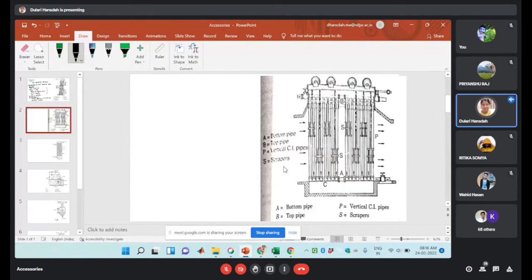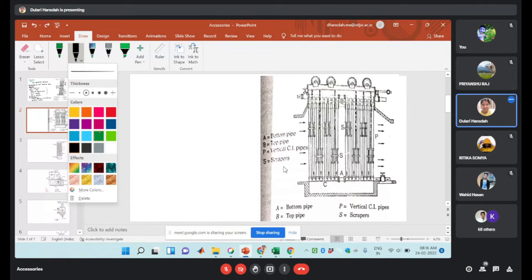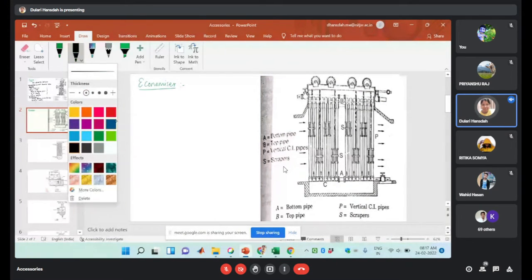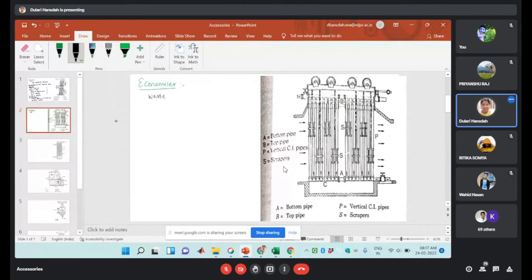So next one is the diagram for the economizer. As you all know, an economizer will increase the temperature of the feed water by utilizing the waste heat.